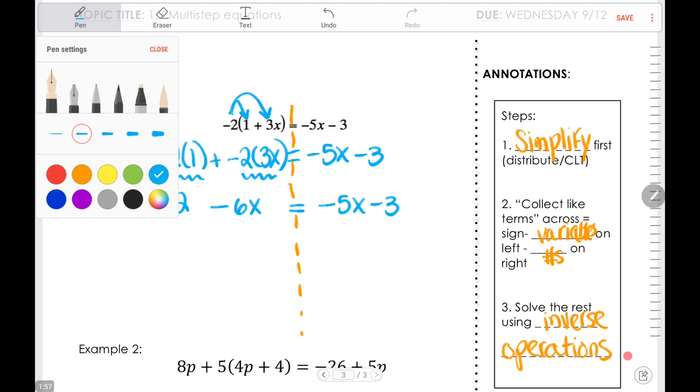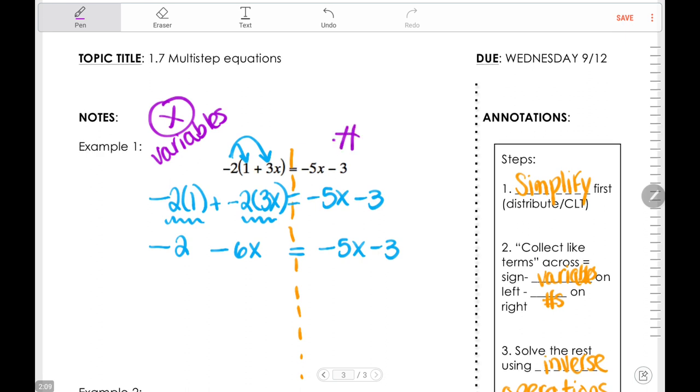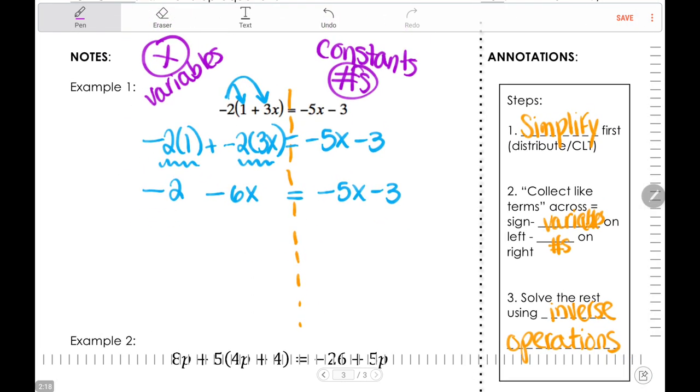Now, if you look at this, this is just like what we did last week, which is variables on both sides. So I want to get my variables, or my x's, on this side, and my numbers, or my constants, on the right. Now, you don't have to do that, but just to keep it consistent as we go through the year, because it's going to be easier for us in later units to keep that variable on the left.